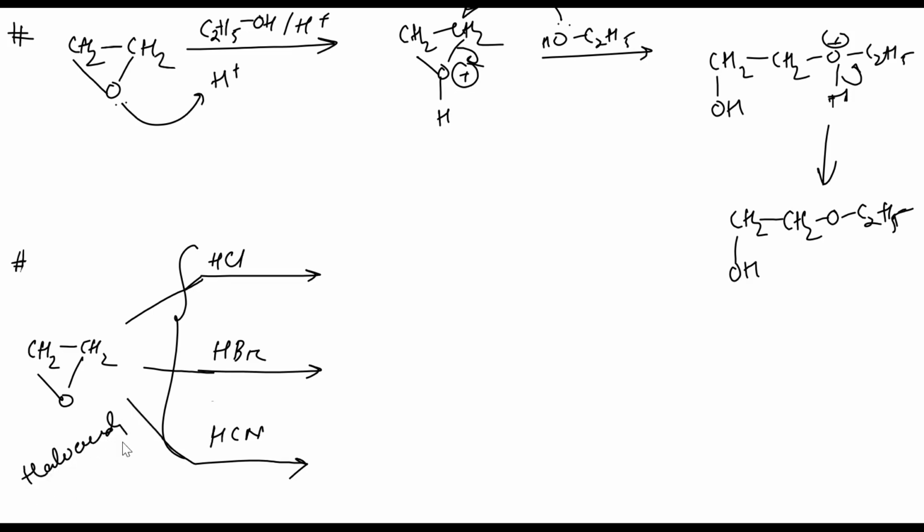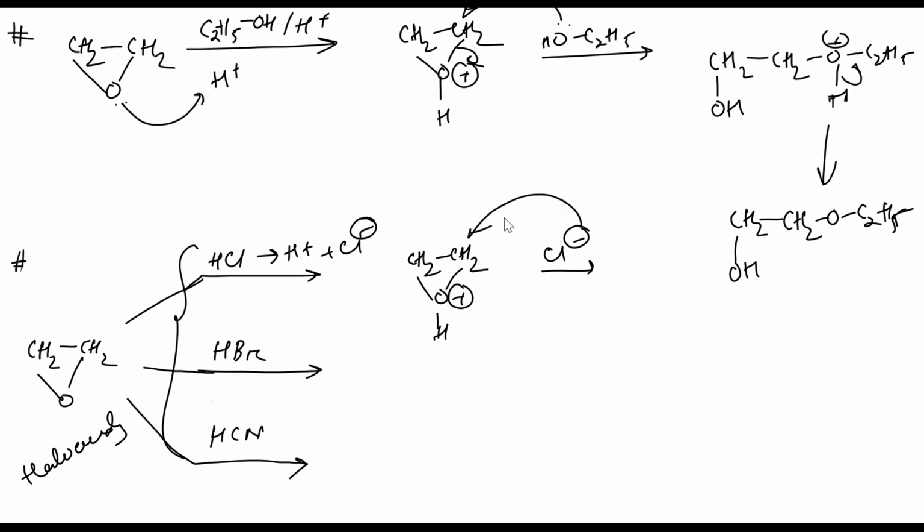So in the first step there will be protonation and there will be formation of CH2 single bond CH2 OH plus. In the next step, the Cl minus will act as a nucleophile and attack the carbon and there will be formation of CH2Cl and CH2OH. Similarly for HBr, there will be formation of CH2Br single bond CH2OH.